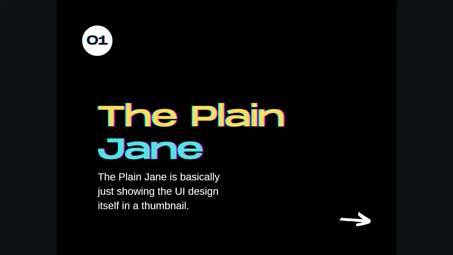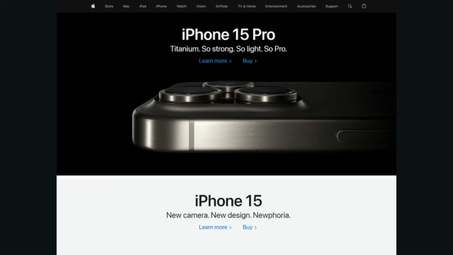The plain Jane is basically just showing the UI design itself in a thumbnail. Let me show you an example. You simply get a screenshot of the design you made, and that's it. You post it.